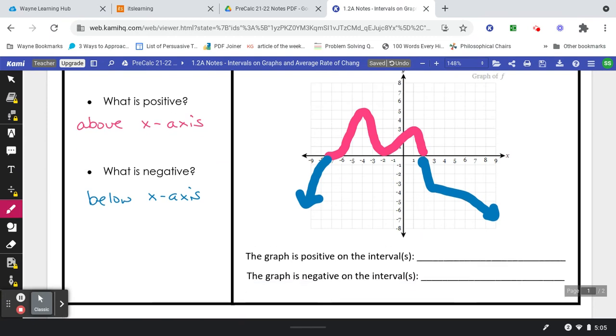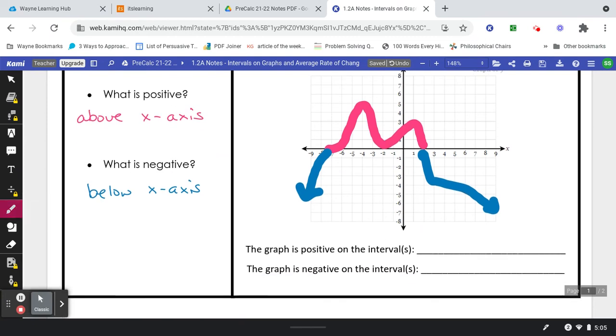All right, so let's name these intervals again. Positive is going to be this big pink section here, which would be from -7 all the way over until, and of course I covered it up, all the way over to 2.